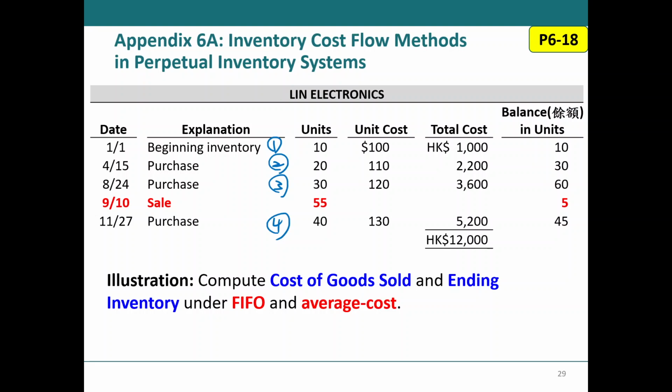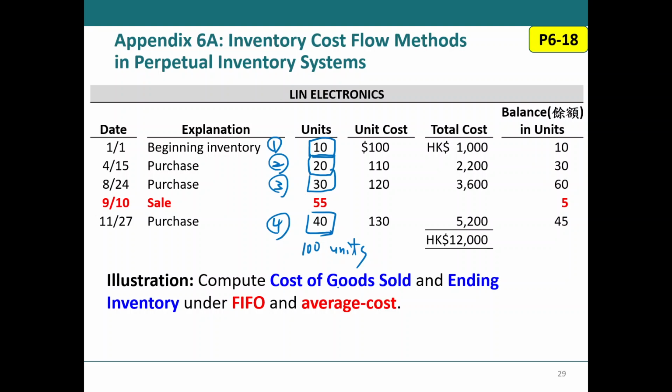How many units you have? 10 plus 20 plus 30 plus 40. So how many inventory you have? 100, right? So 100 units you have.